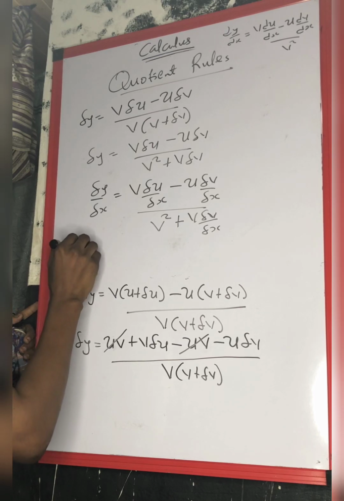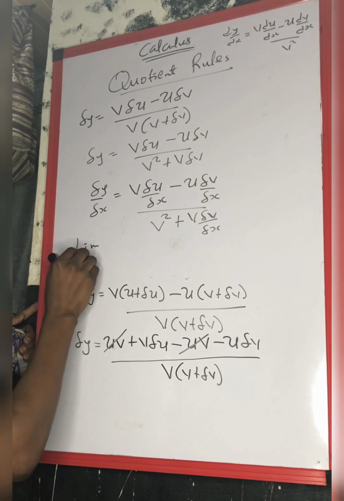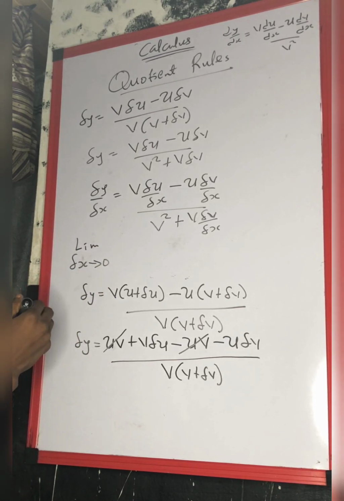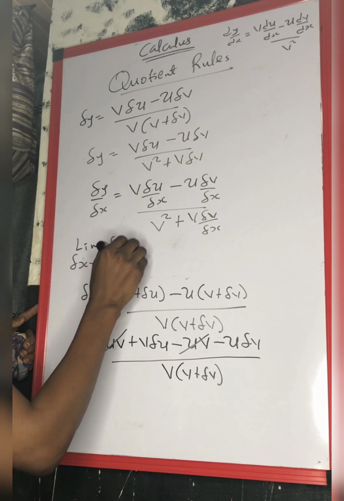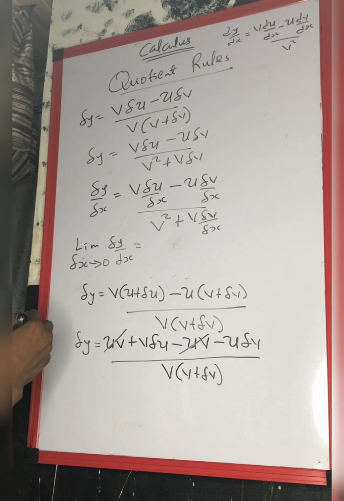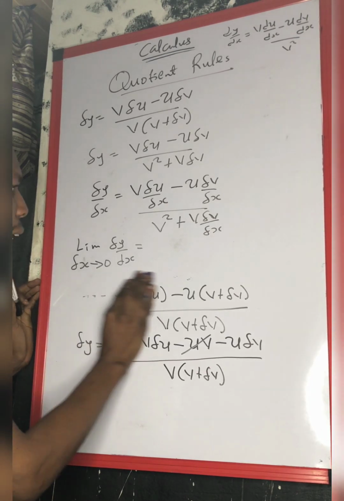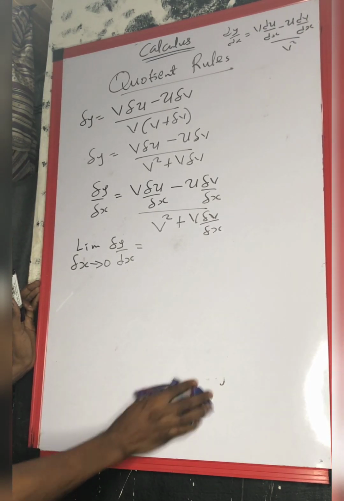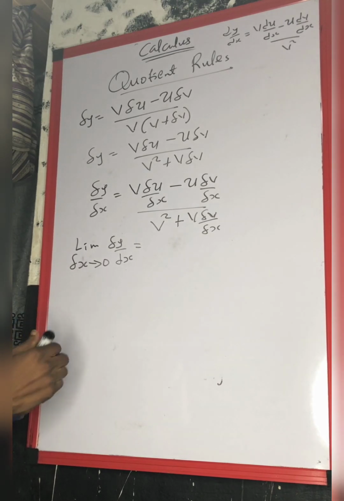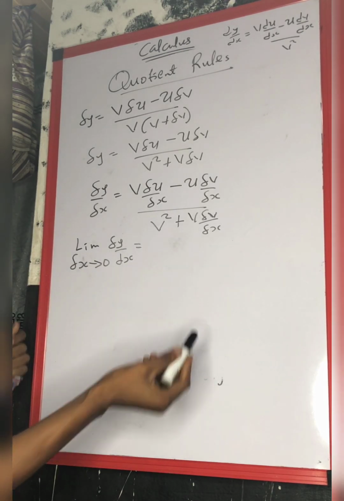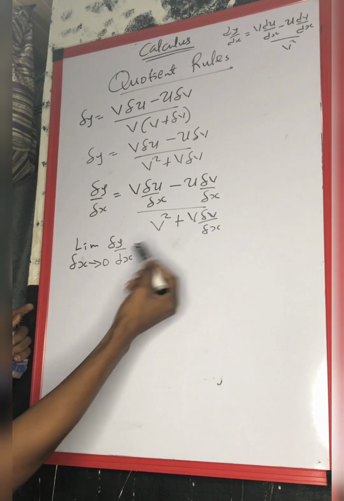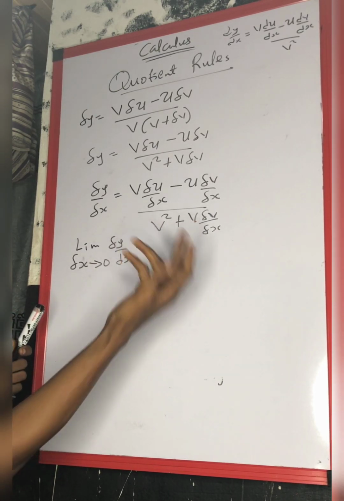Now what you are going to do is take the limit as change in x approaches 0. So it is stated as change in y over change in x. We do not need this term, so since you do not need that, you limit it to 0. Why? Because it is v change in v over change in x, and we do not need this.